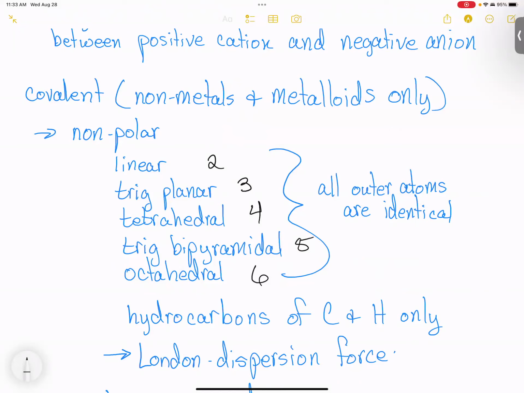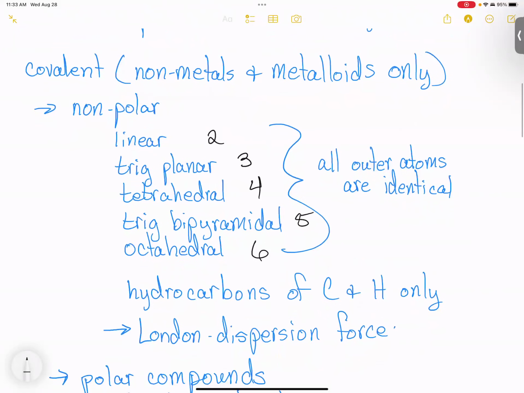Technically, yes, square planar can come up here too, because even though it has lone pairs, the lone pairs are opposite each other. So square planar technically falls in that category as well.